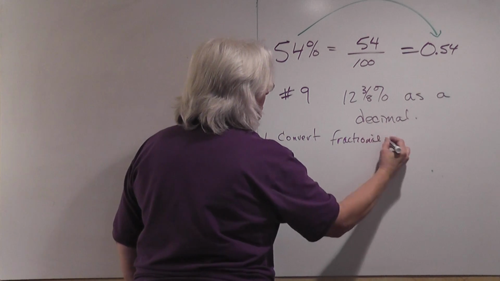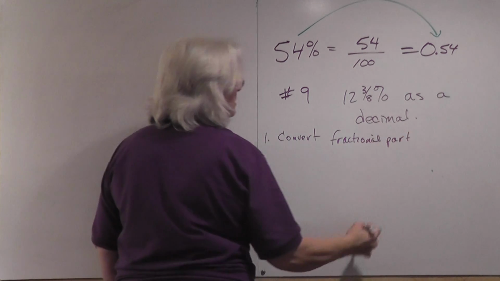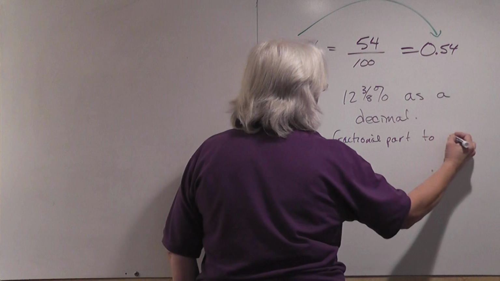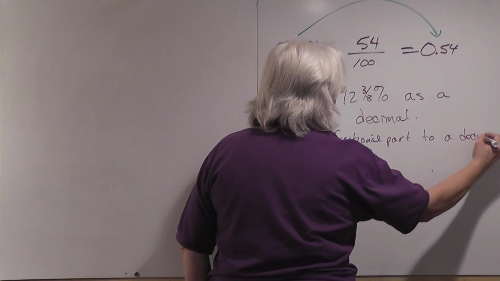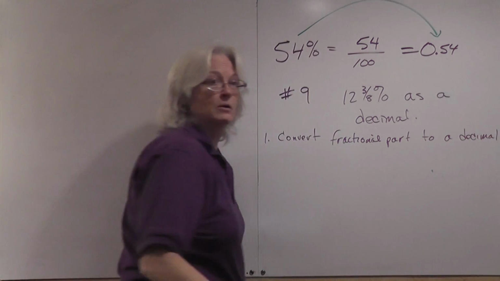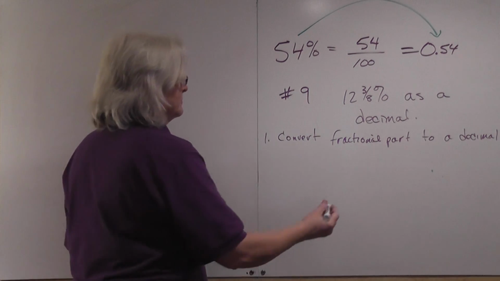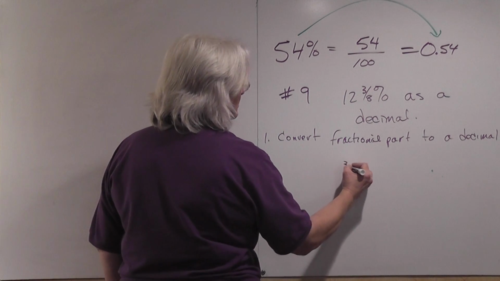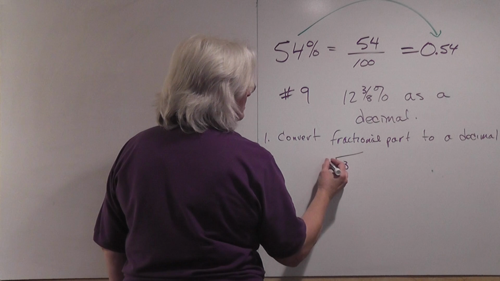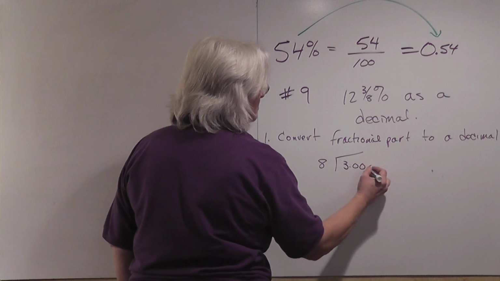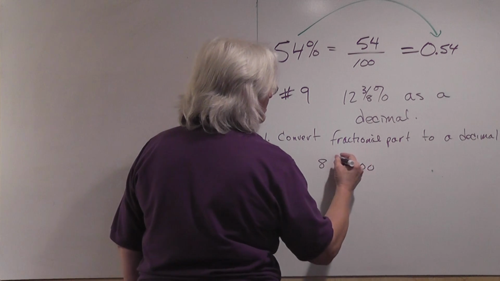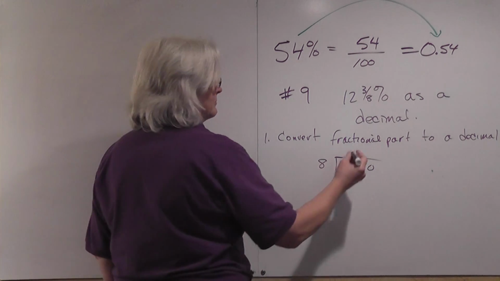Convert the fractional part to a decimal. How do we do that? By performing the division. 3/8 is going to be 3 divided by 8. If I can draw a reasonably straight line.